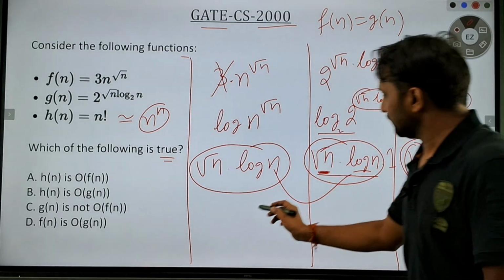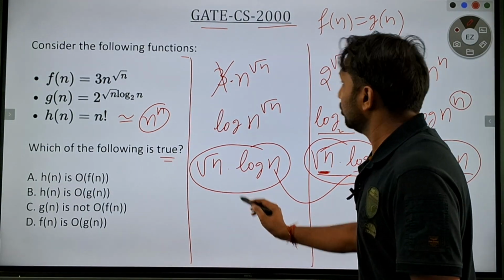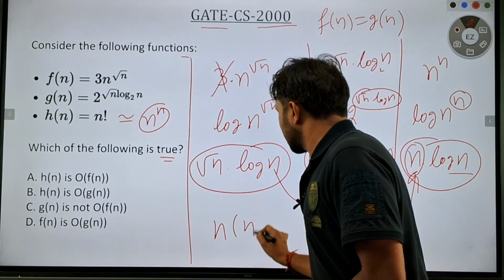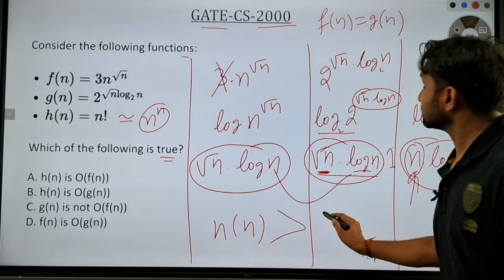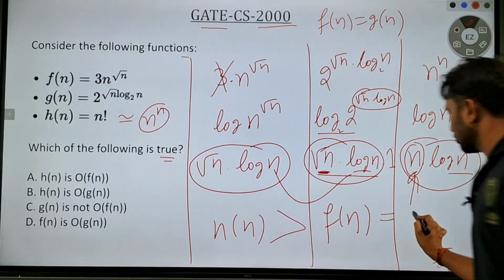Let me summarize: Hn is the largest one, which is greater than Fn, which is equal to Gn.